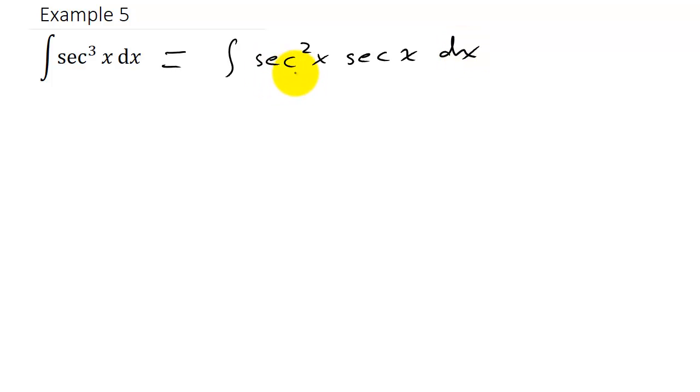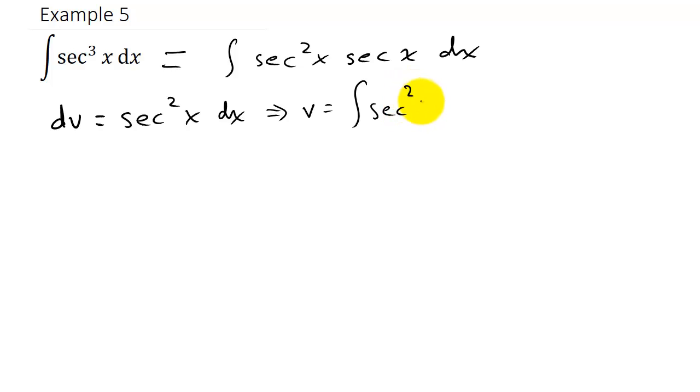Well, we have an integration rule for secant squared. So all we're going to do is take the secant cubed and rewrite it as secant squared times secant. So here I'll let dv equal secant squared x dx. That means that v is equal to the integral of secant squared x dx, which is just equal to tangent x.